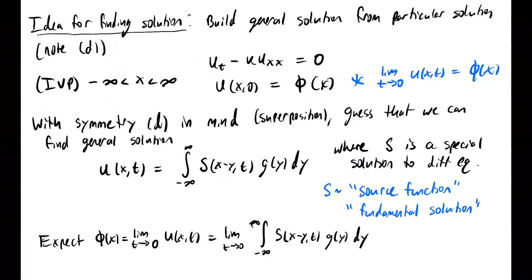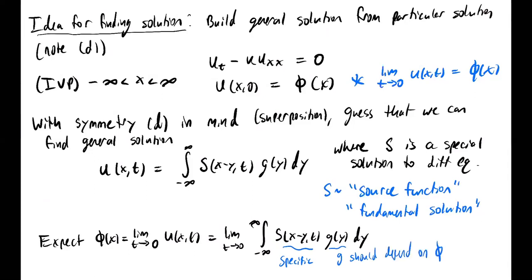Right, and so whatever this source function S turns out to be, I better be able to take the limit of this integral and recover my function phi. And so we want S to be some specific function. And if S is a specific function, how am I going to recover phi? Well, that means that g should depend on phi in some way, right?